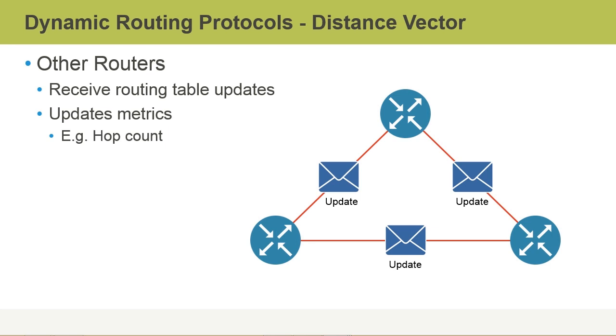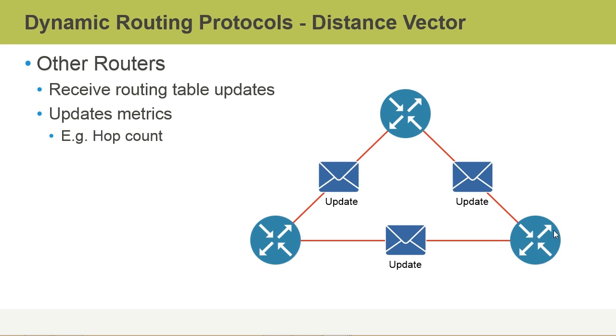With distance vector routing protocols, they use what they call a hop count, which is how many routers away that network is. For instance, to reach this top router from this bottom right-hand router, we could go 1 hop direct, or we could go 2 hops, 1, 2.